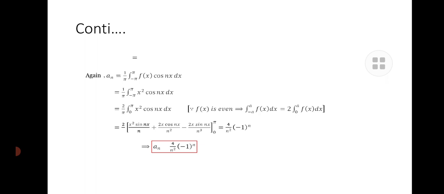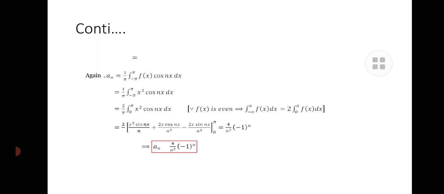Using this by parts rule, we can solve the integral 0 to pi x square cos nx dx as 2 divided by pi, the bracket x square sin nx divided by n, plus 2x, that is the differentiation of x square is 2x, and the integration of cos nx, that is sin nx divided by n, integrated again gives cos nx divided by n square, minus the differentiation of the first term, that is 2, and the integration of cos nx is minus sin nx divided by n cube.